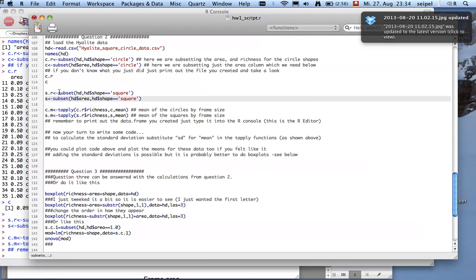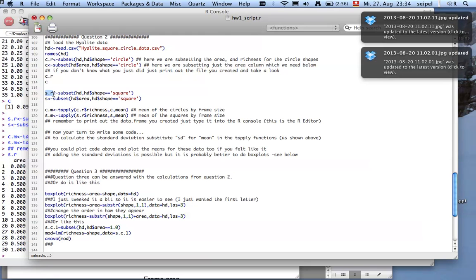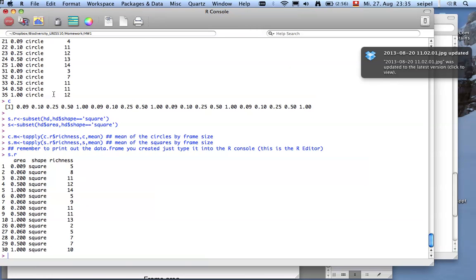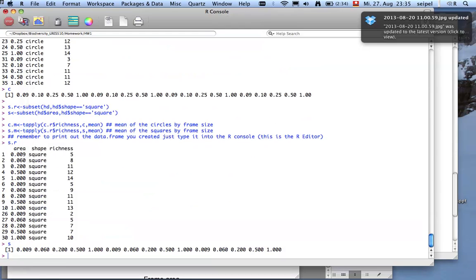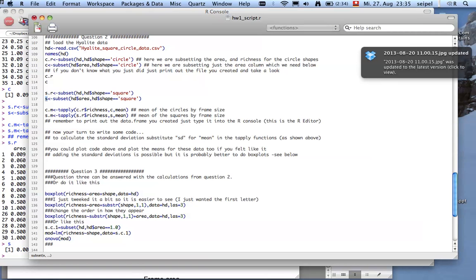So we separated the square data by shape and the area by shape so that we can call these up now, and we see we have all the square data, and we have all the different shape frame sizes there. That second command we don't necessarily need.